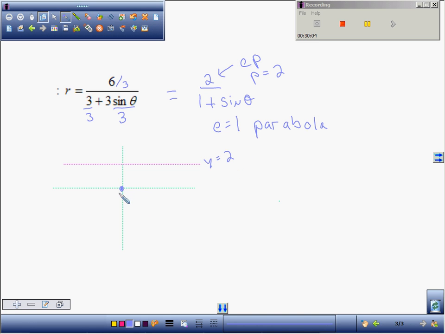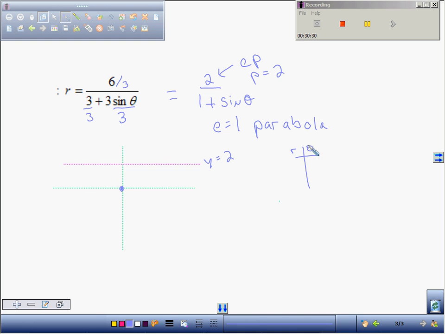So since the focus is down here, and the directrix is up here, how is this parabola going to look? It's going to be looking like that, right? Okay? So then I know there's going to be 2 points over here, and those are really easy to find with the parabola. All I have to do is make a little table, r, theta.